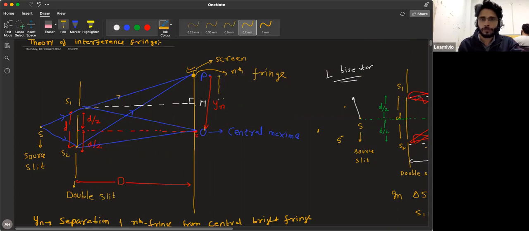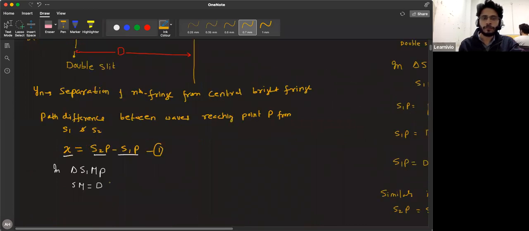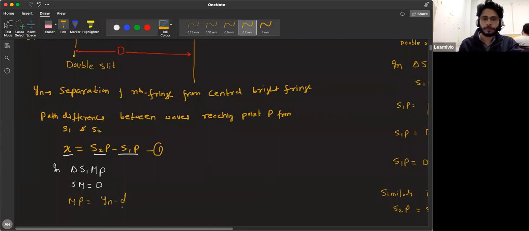So this MP is Yn minus d by 2. So your S1M is D, your MP is Yn minus d by 2.